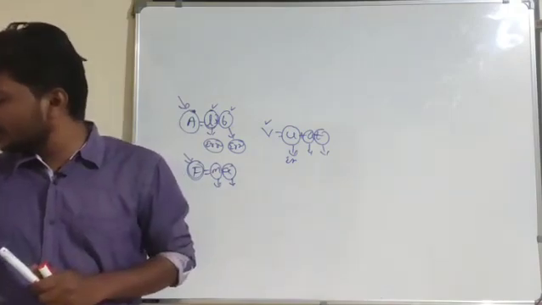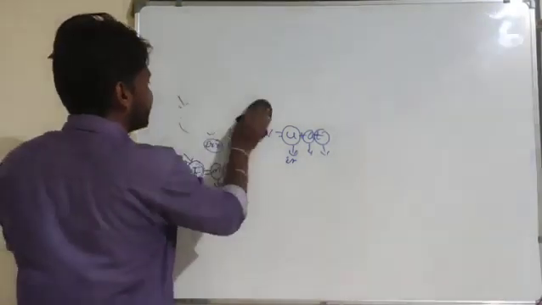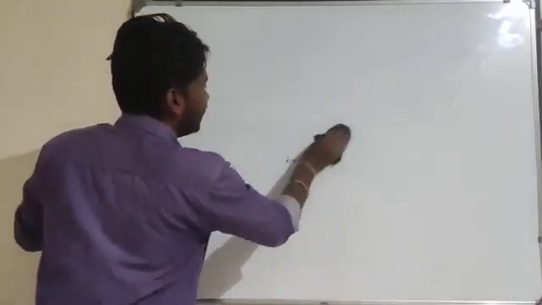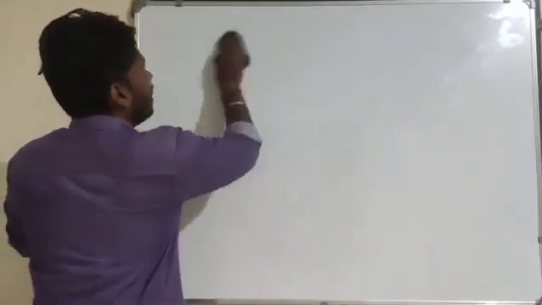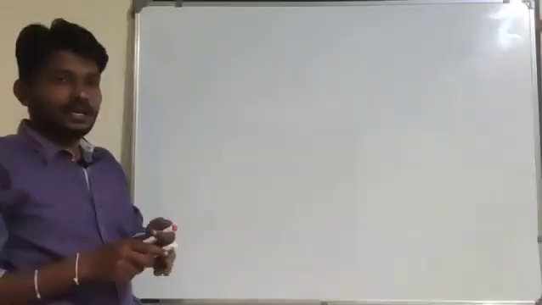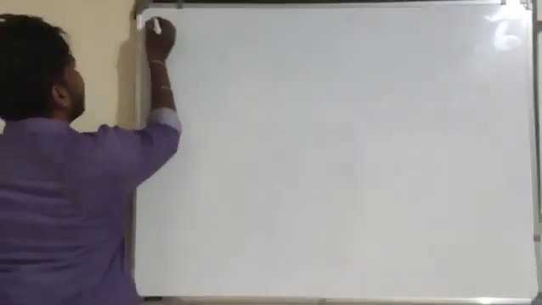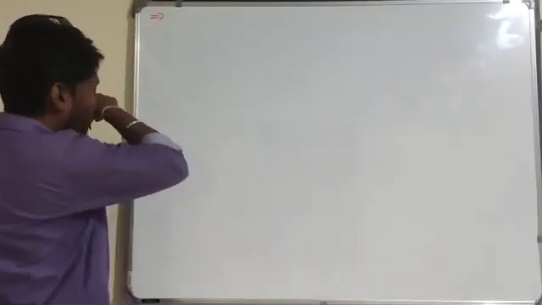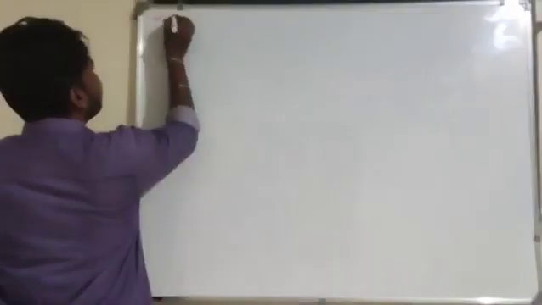In order to understand such concepts, we will discuss the combination of errors. In any physical quantity, I want to measure the total error present. In order to measure the total error, we will understand the combination of errors. So today's session, we will be discussing the combination of errors.